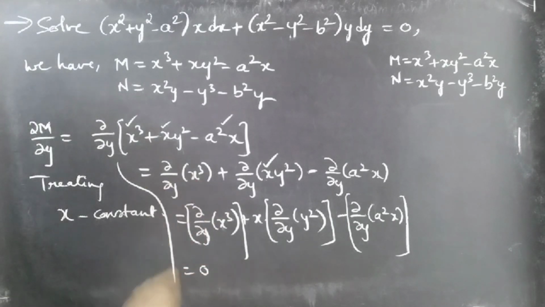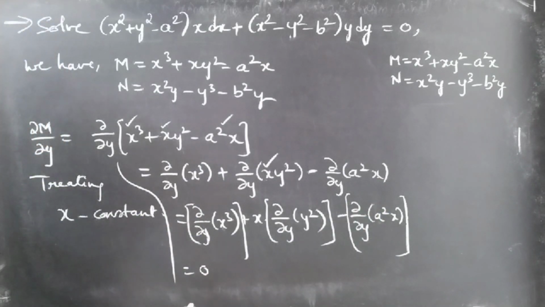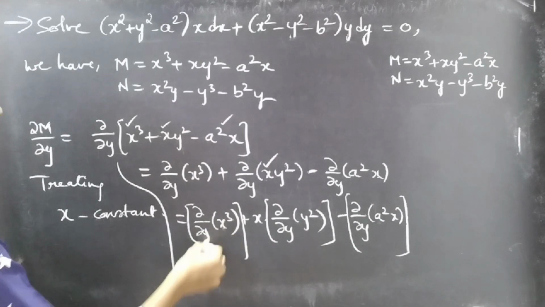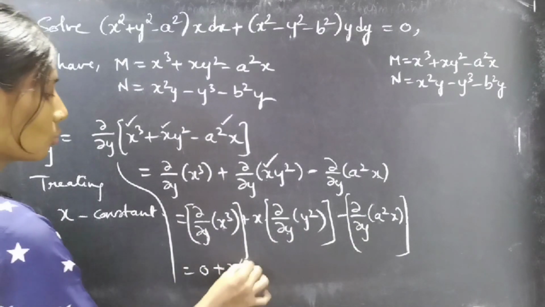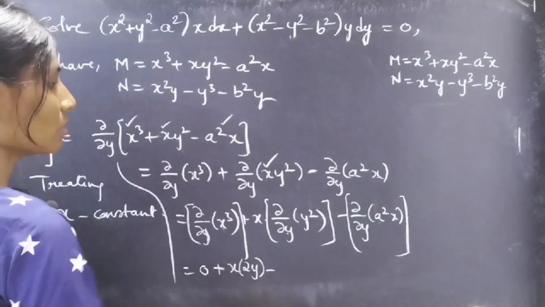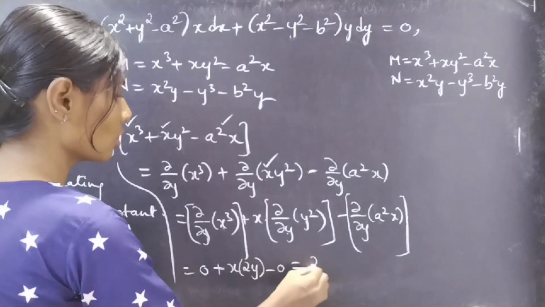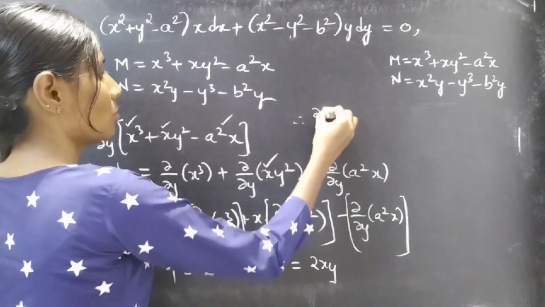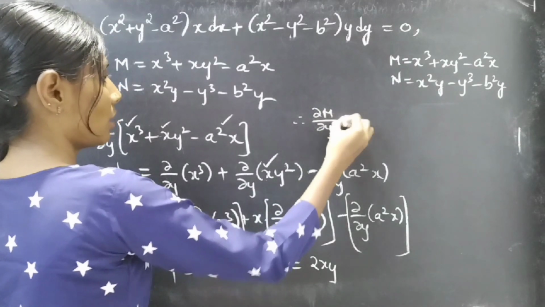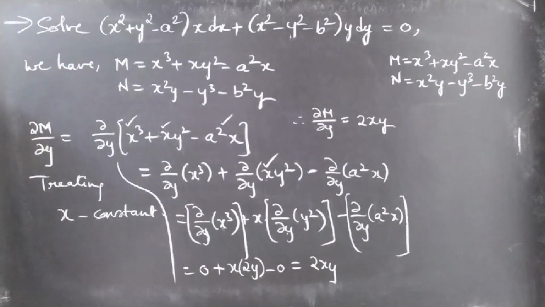So here x is treated as constant and a² is also treated as constant. So you'll get the derivative of a constant with respect to y is 0, plus x into the derivative of y² with respect to y, which is 2y, minus the derivative of a constant with respect to y, which is 0. This equals 2xy. Therefore, the partial derivative of M with respect to y is 2xy.